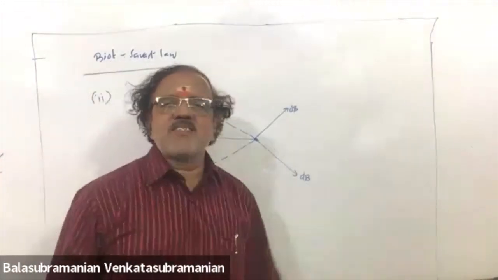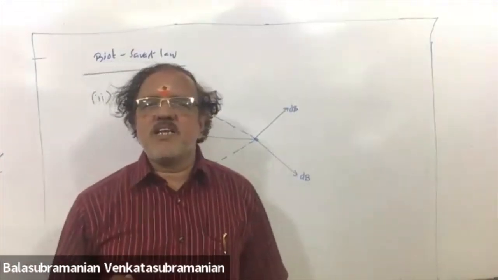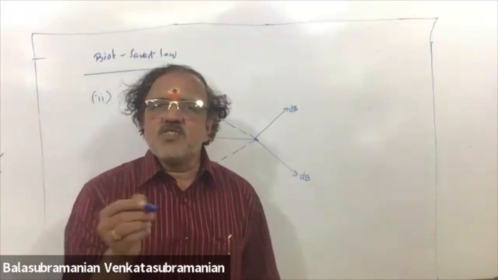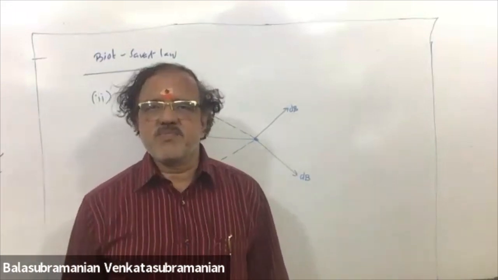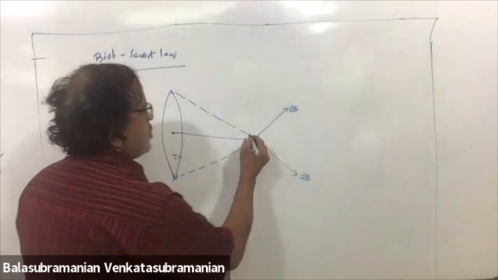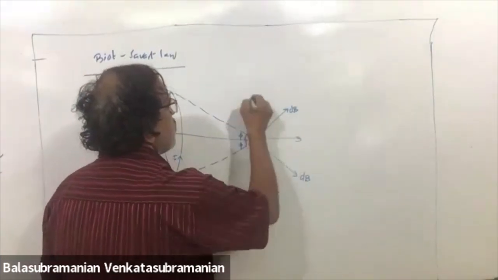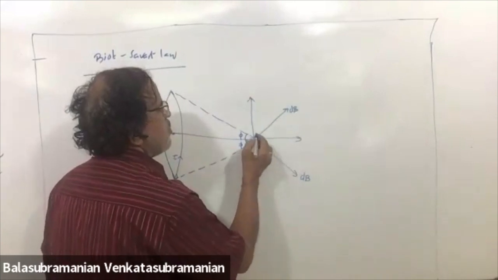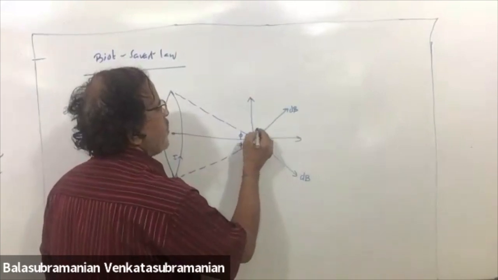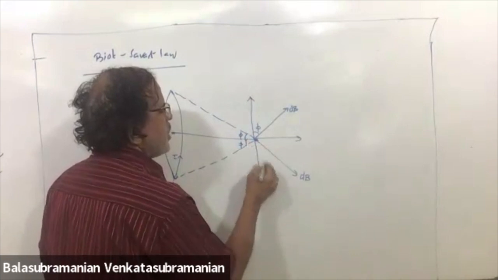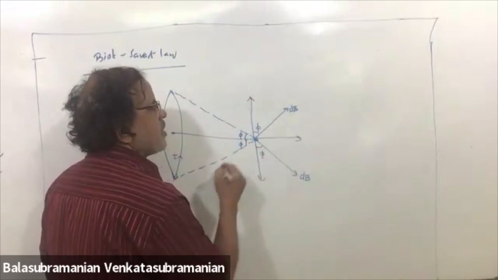Since it is not exactly in horizontal or exactly in vertical, you have to resolve it into components. This is phi. So, this is 90 minus phi, this is phi. Similarly, 90 minus phi, this is phi.